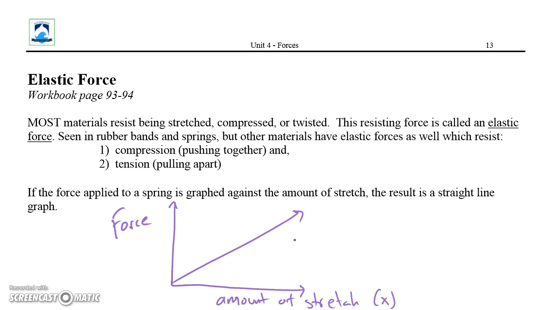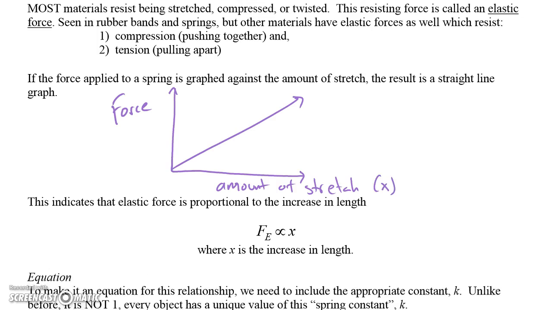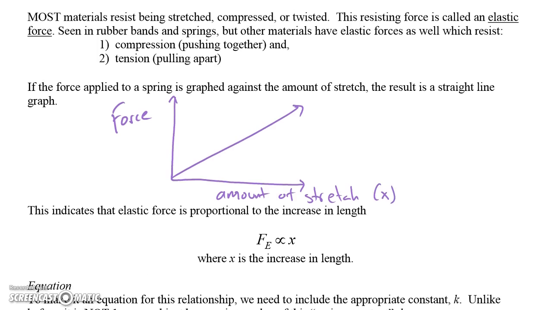If we go to extreme situations, this law does not stand, but in everyday situations this is approximately true. So we get that Fe, our elastic force, depends directly on the length that the object has changed.